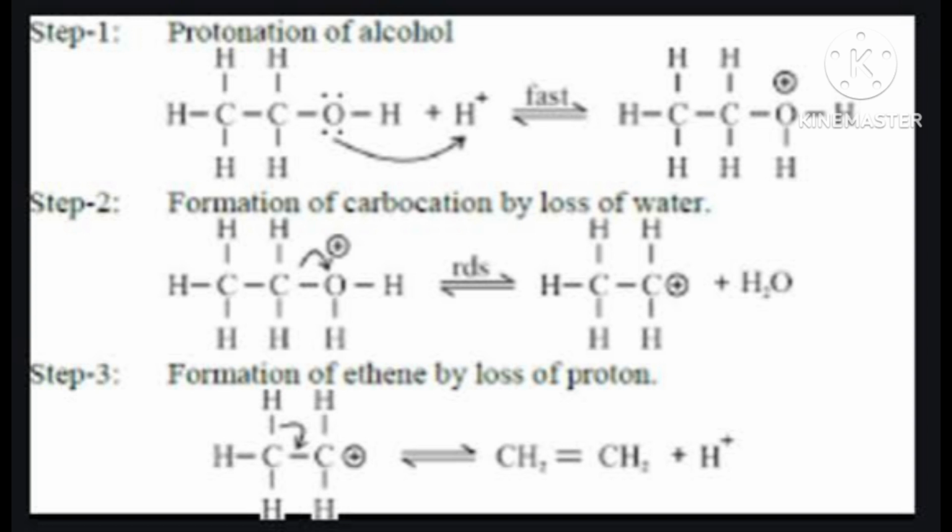Examples are concentrated H2SO4 or phosphoric acid, H3PO4. Or a catalyst is also required, such as anhydrous zinc chloride, ZnCl2, anhydrous meaning without water, water should not be there, or alumina, Al2O3.